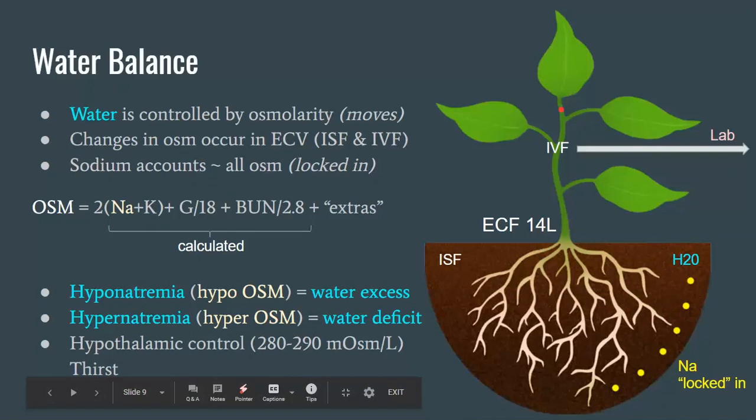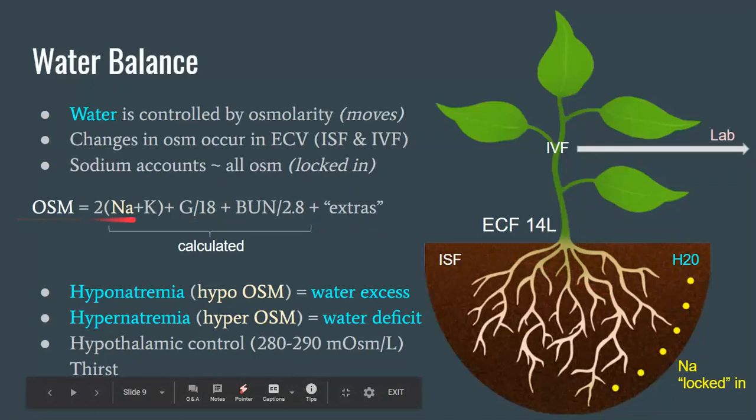So the sodium, by all accounts, is kind of locked where it is. The water moves from the leaves to the stems to the roots. The water moves towards the area of greatest osmolarity. Okay? So water balances, water just moves. Sodium is more locked in.